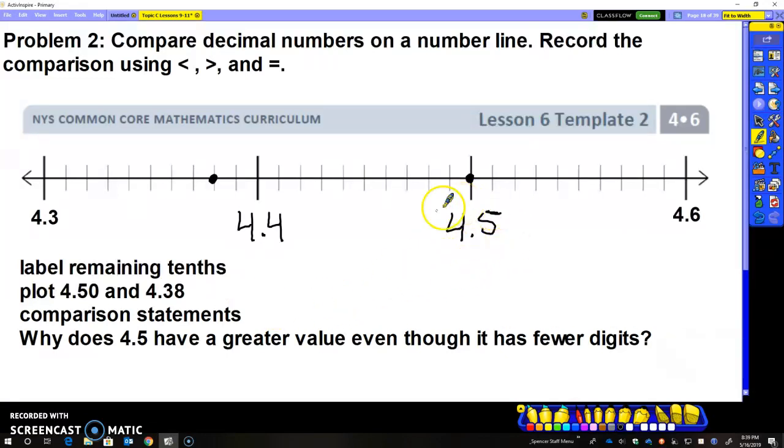We learned yesterday that it's about the place value. So this 5 is in the tenths place, okay? That has a greater value than the 3 that's in the tenths place for this number that we plotted. So 4 and 38/100, well, 50/100 is larger, okay? So we've really just got to analyze what's in each place value and decide what's greater, and what symbol applies.